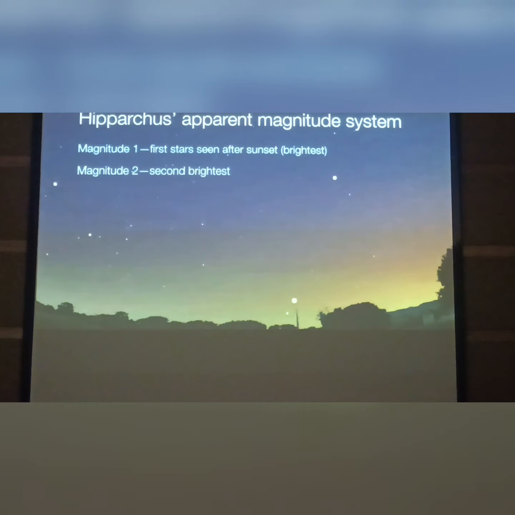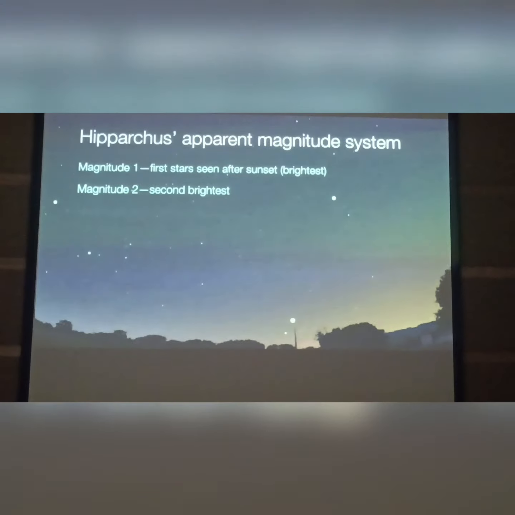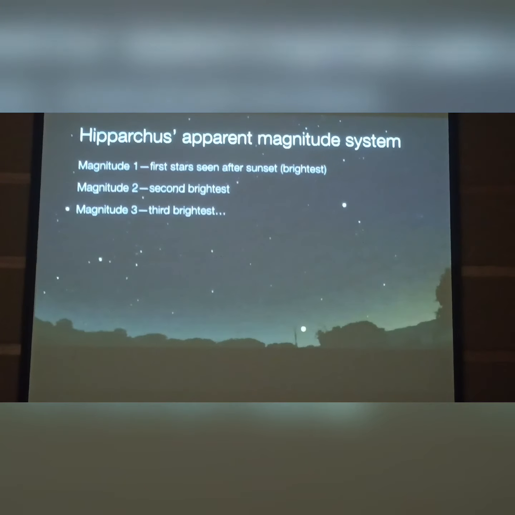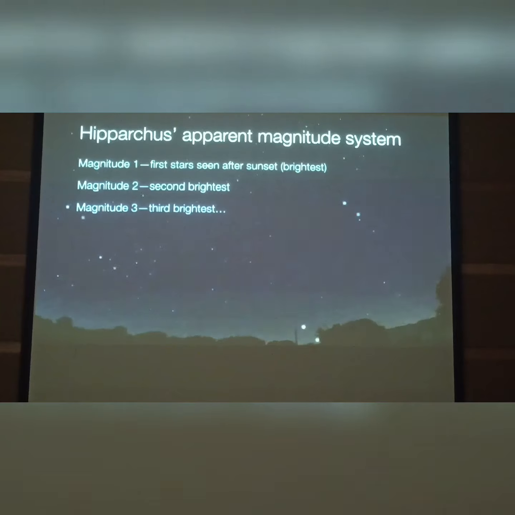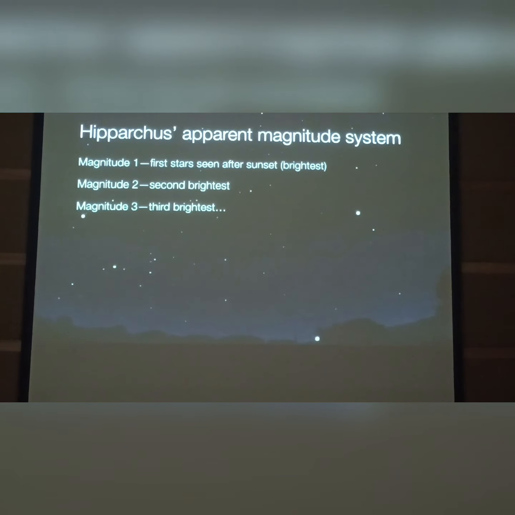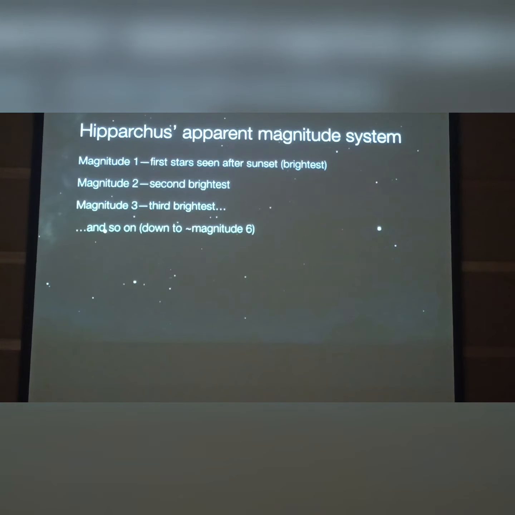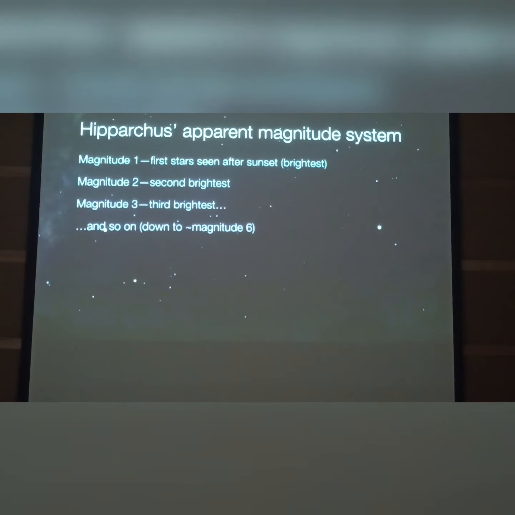The second stars he associates with magnitude 2, then magnitude 3, and so on, up to magnitude 6, the limit of visibility of a star.